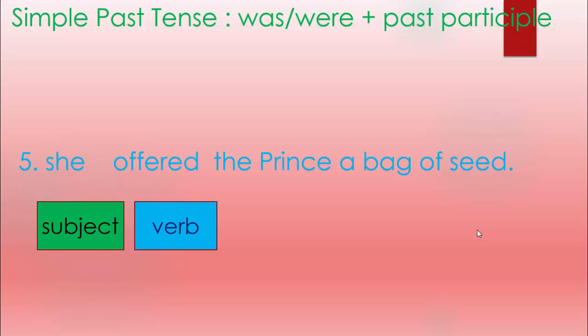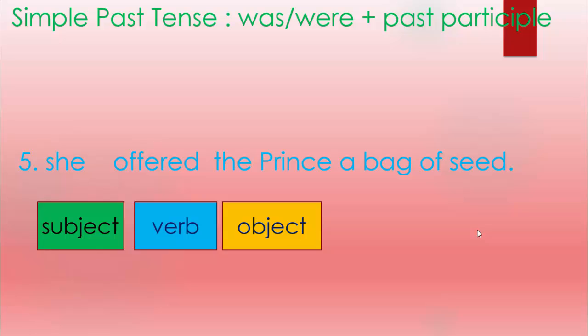Offered is the verb. And which is the object? The prince, a bag of seed, are objects. Friends, here are two objects. One is the prince and another one is a bag of seed.